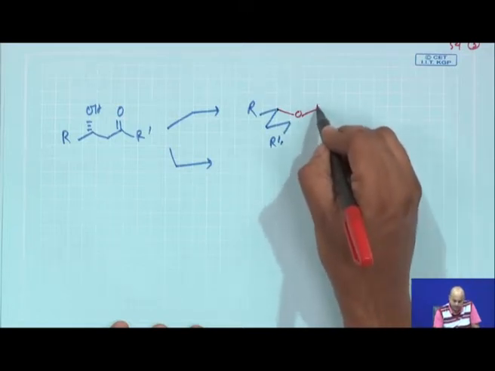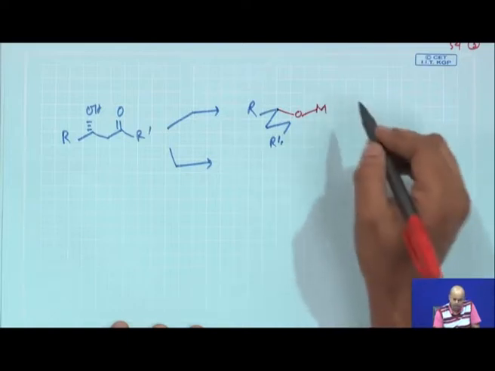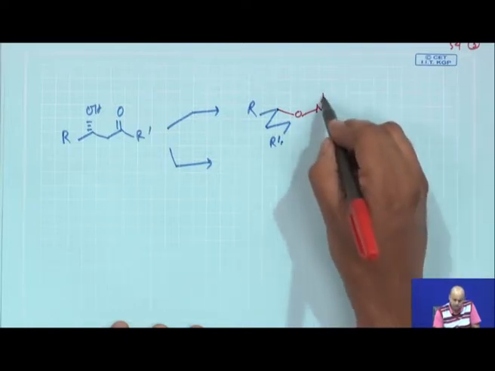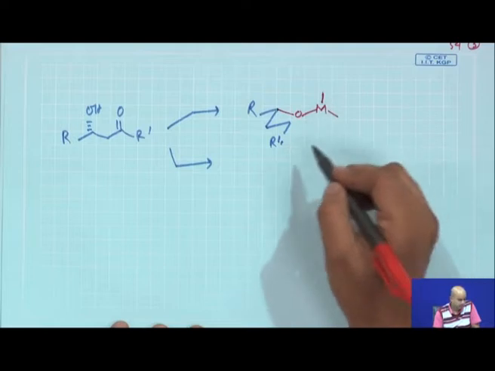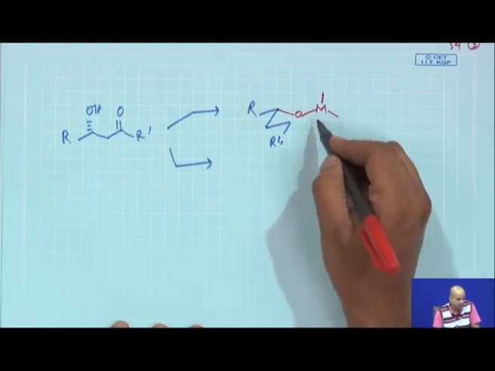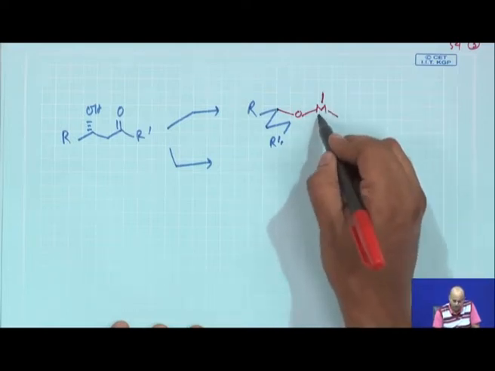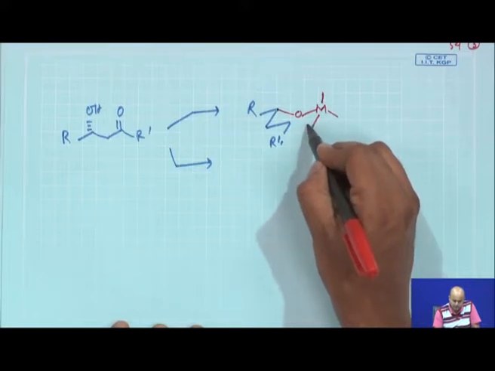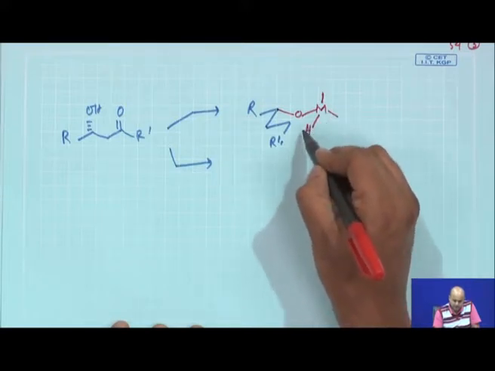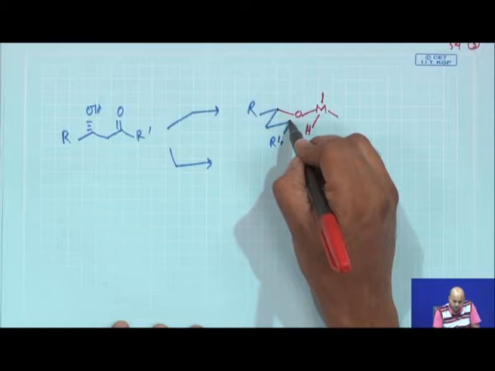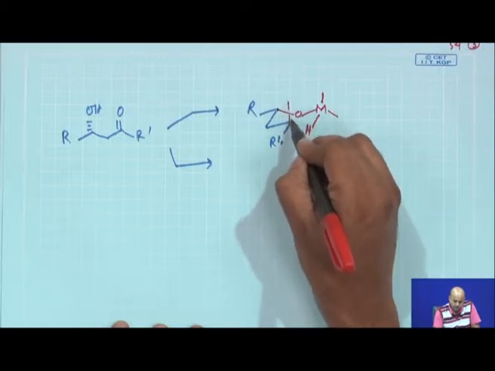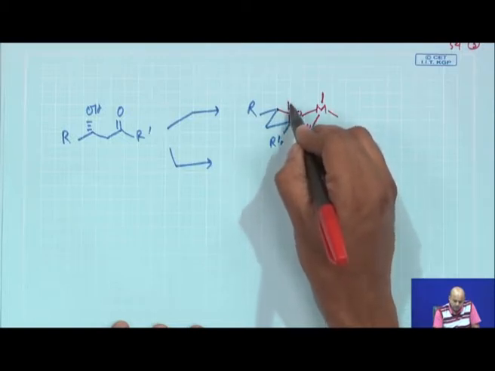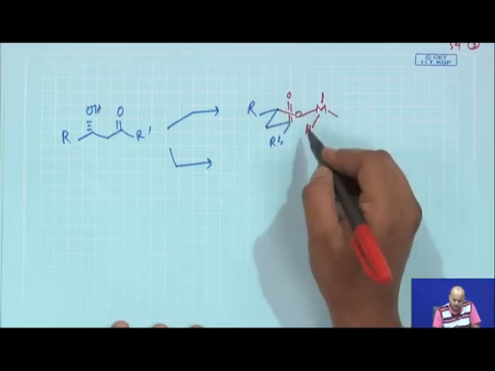If this OH is available for some coordination with some reagent, which we will simplify later on, and if this reagent has a metal center as well as the hydride, probably this one can give you the, this is the carbonyl.